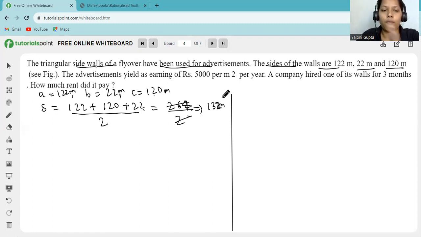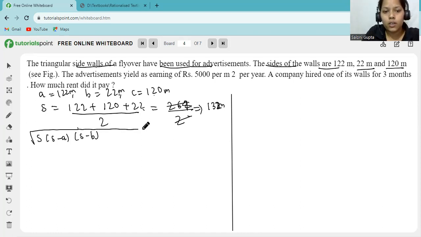Now this we have found out, what is S. Now we will put the formula. So the formula was under root S into S minus A. As many times as you write the formula, you will learn it. Okay, so S minus B, then S minus C. Now we can put the values here.